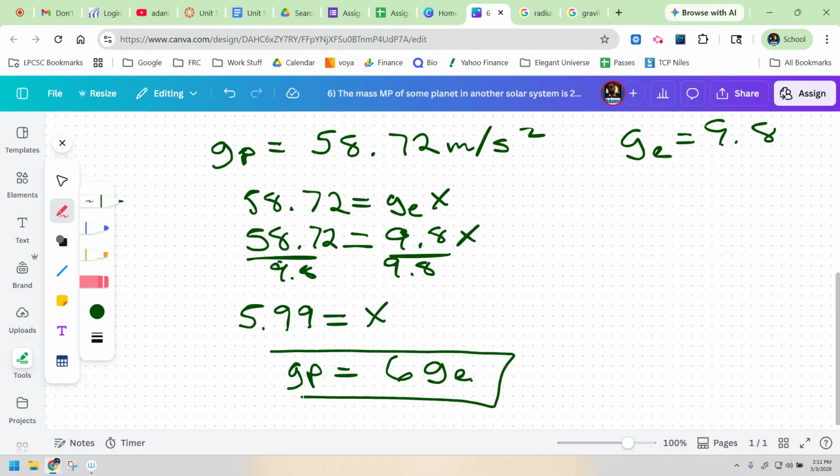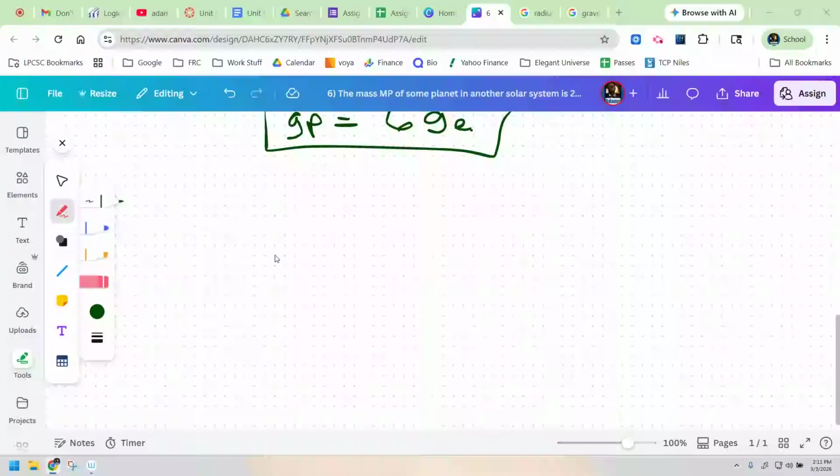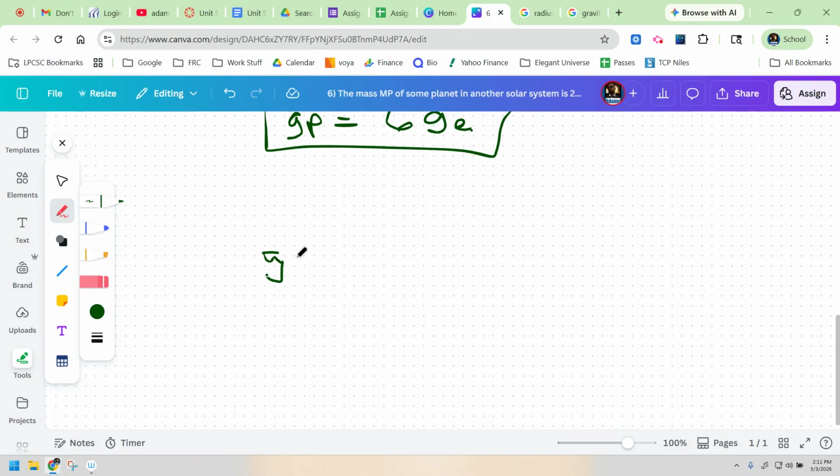Does that make sense? Now another way you could have done that, because I said I'd do both, which is a little less work: I could say, well, what's the relationship between GP and GE, right? The two different accelerations.